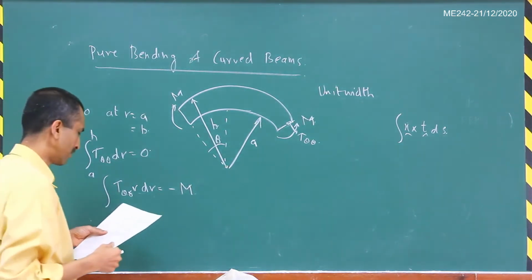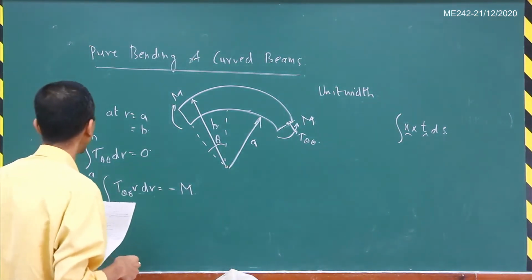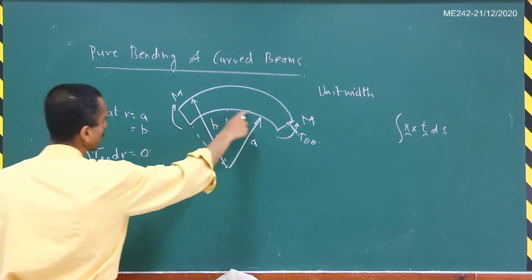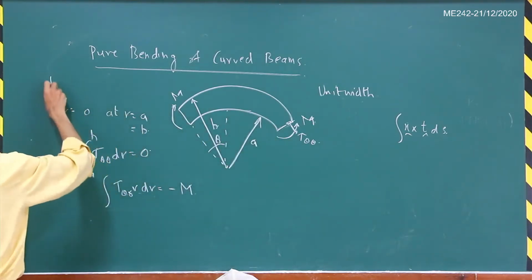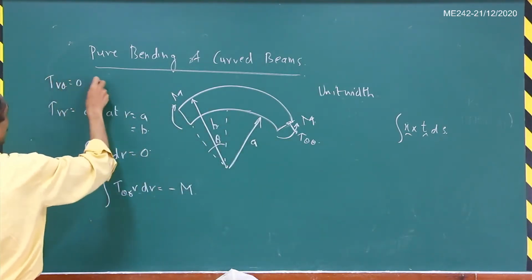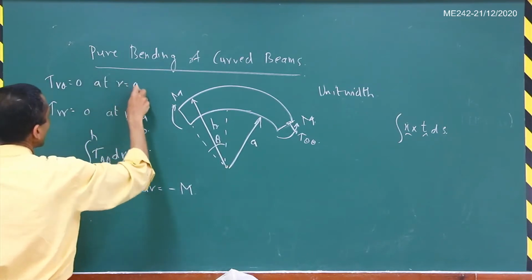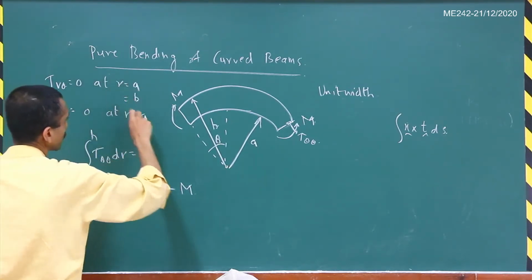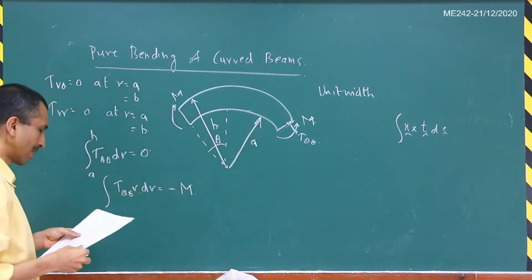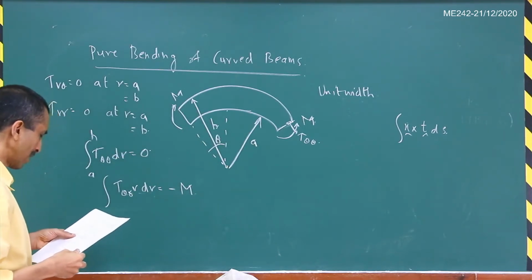Then the other boundary condition is that tau r theta is also equal to 0 at r equal to a and r equal to b, because these surfaces are completely traction free.